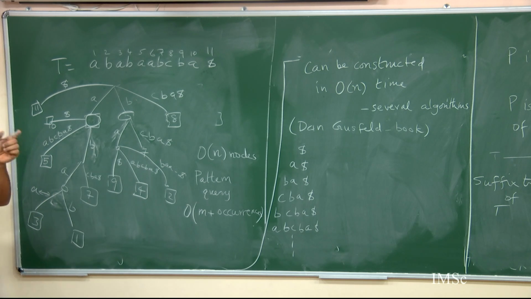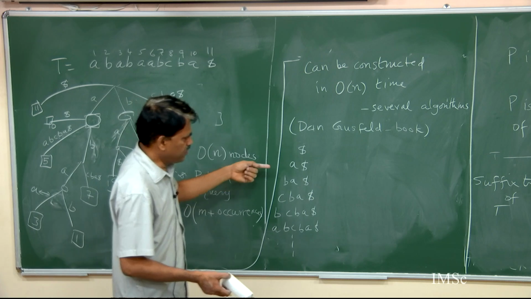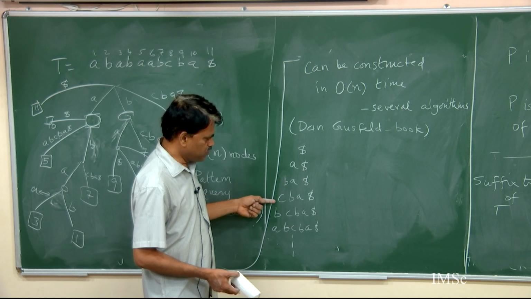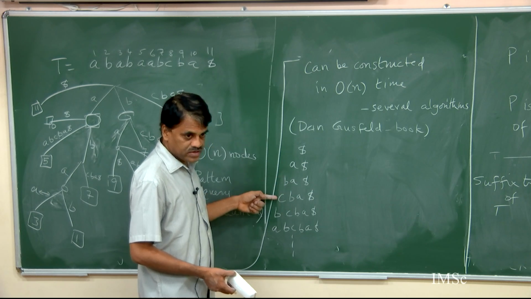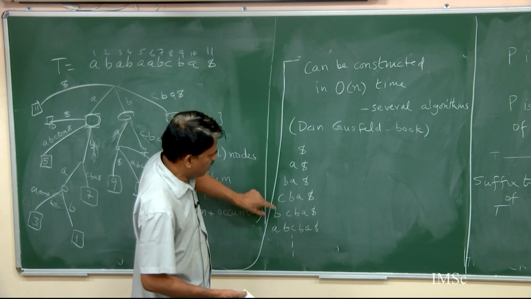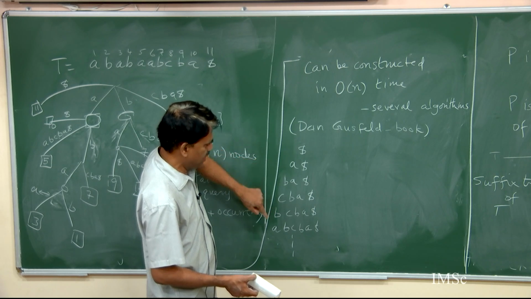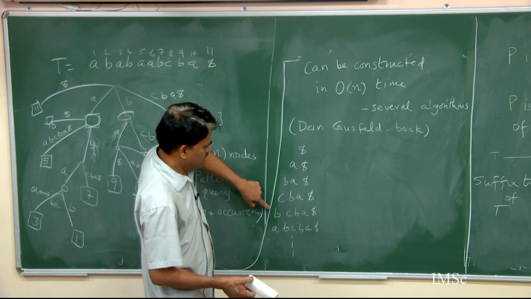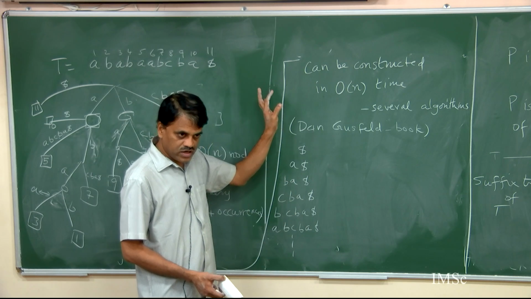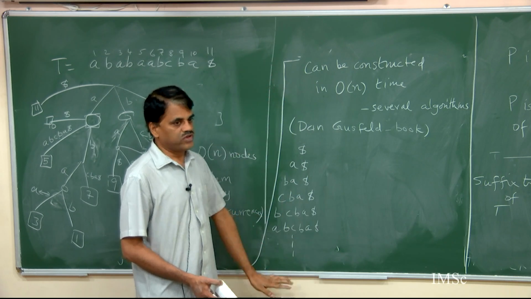Each suffix is a string. So, use a dictionary order to order the strings, right. So, for example, A dollar will be smaller than B A dollar, B A dollar will be smaller than C B A dollar, because the first character is bigger. B C B A dollar will be smaller than C B A dollar, but bigger than B A dollar, because the second character is bigger. So, you use the lexicographically sorted order of the suffixes.